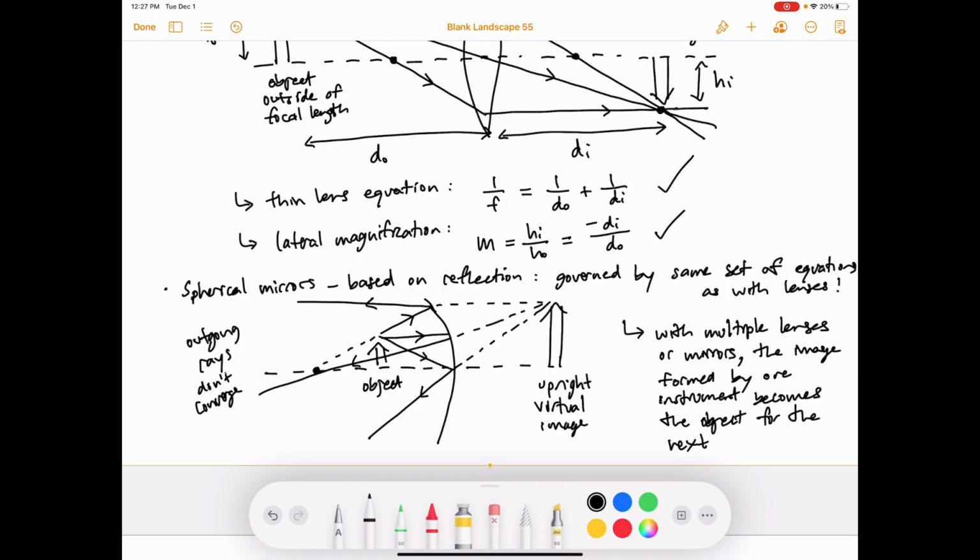So basically, you treat each one at a time using this sort of analysis that I just outlined, and that's how you can deal with a system with multiple lenses or mirrors.